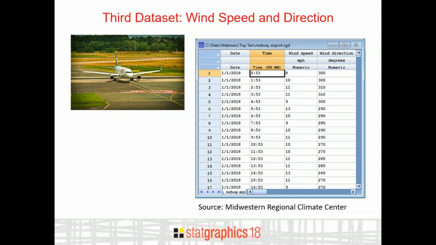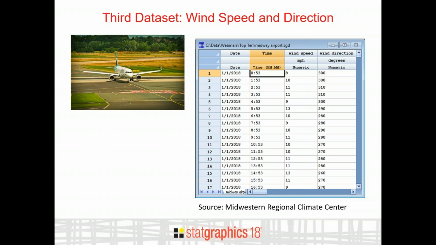Very interesting data set. Now, what sorts of questions might one want to ask? Well, first off, why is it important to even study wind speed and direction? Well, it's quite important, obviously, if you're designing an airport and you want to lay out the runways to know something about wind speed and direction. It's also important if you're creating wind turbines and that sort of thing.